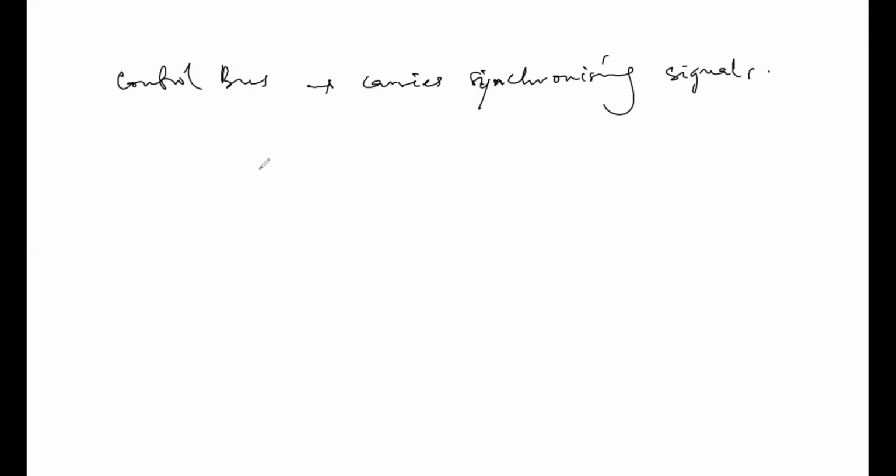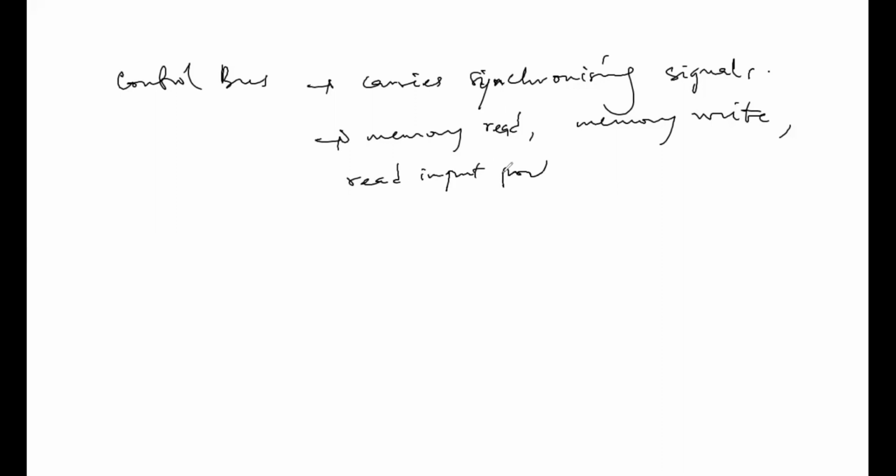And the control signal could be memory read, memory write. It could be read input port. It could be write output port. Could be interrupt. It could be interrupt acknowledge, bus request, bus grant, and so on. So these control signals indicate the type of action taking place on the system bus.